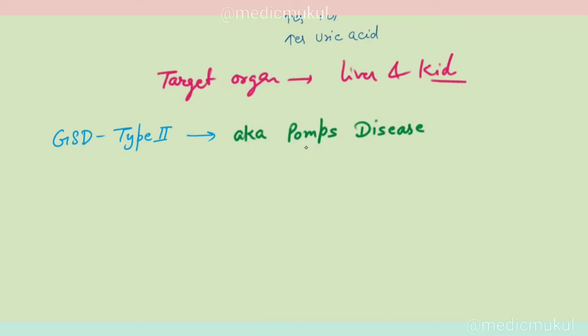There will be a pathological accumulation of glycogen, yes, we know that, but where? A pathological accumulation of glycogen in lysosomes.